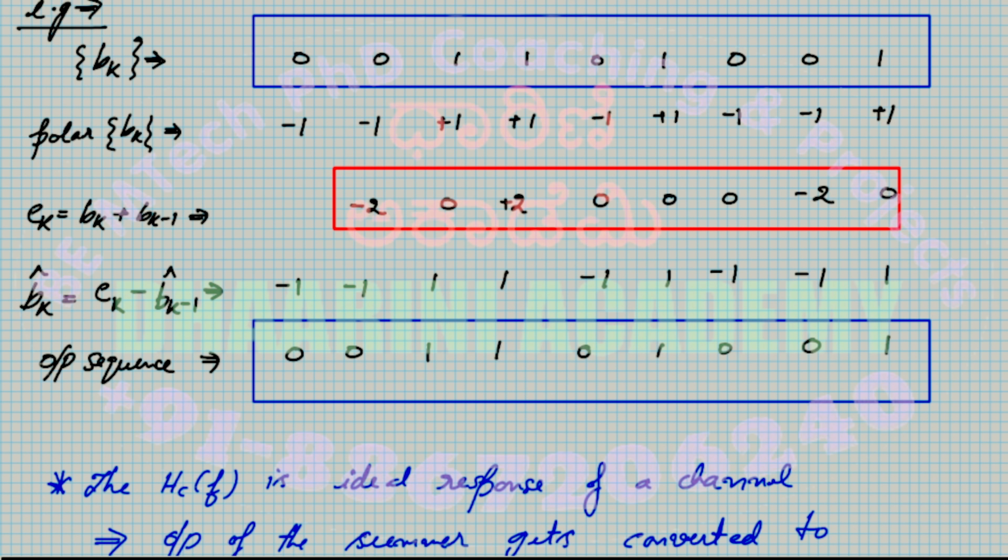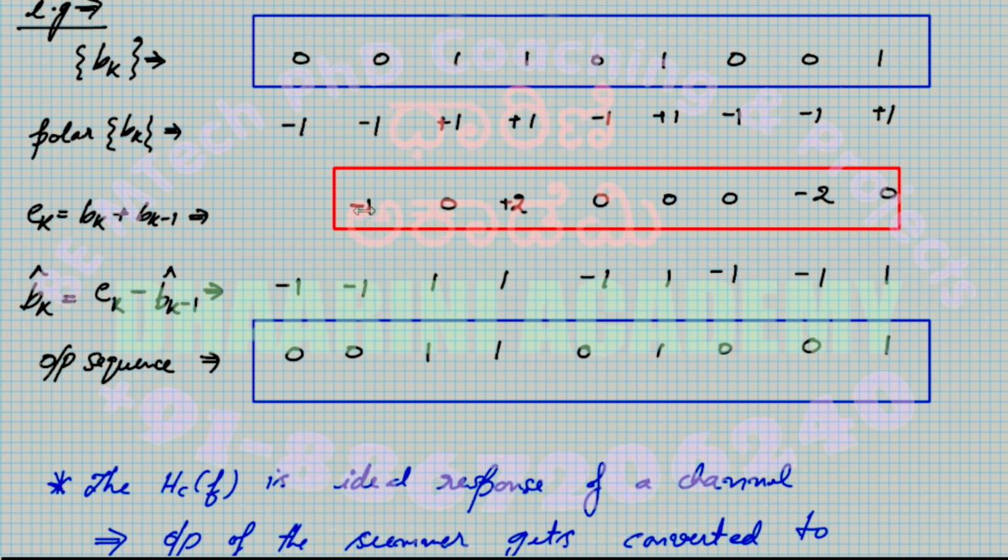And then you apply the equation. Every CK needs to be the addition of the current and the past. So for the first minus 1, I don't have its past, so I don't write anything for that, because we cannot make any assumption. For the second one, we start from the initial one, add it with the second one, and write the answer below the second one.